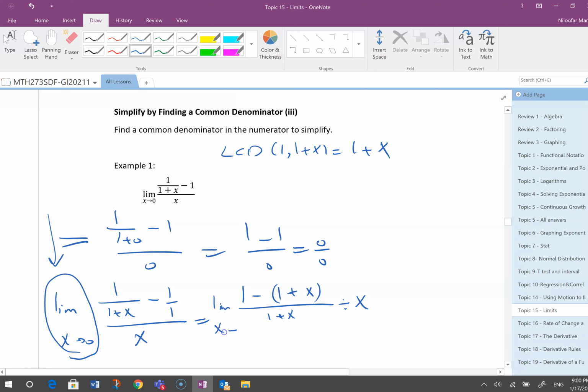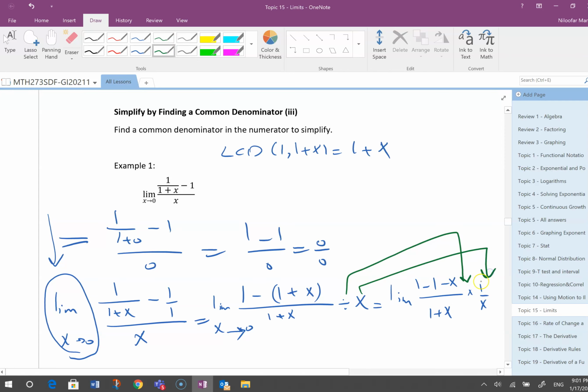Limit x goes to 0. Equal, limit 1 minus (1 minus x over 1 plus x) multiplied by 1 over x. So I change division to multiplication and I flip it.